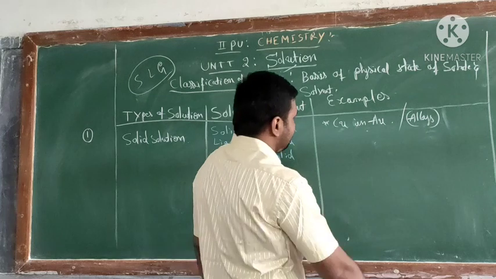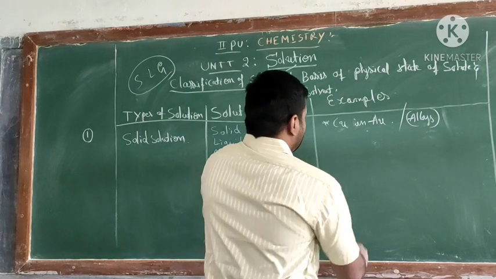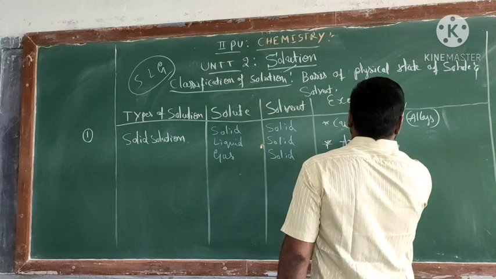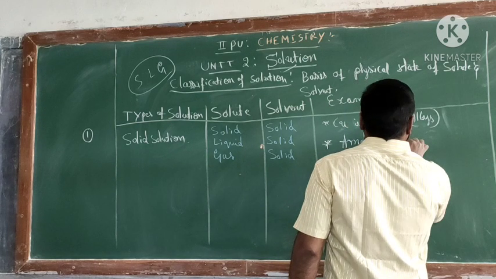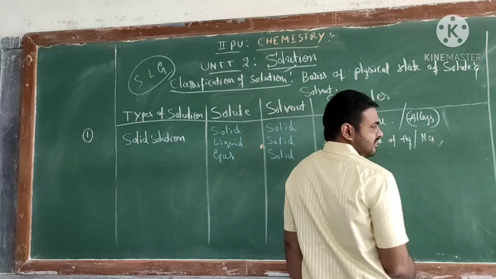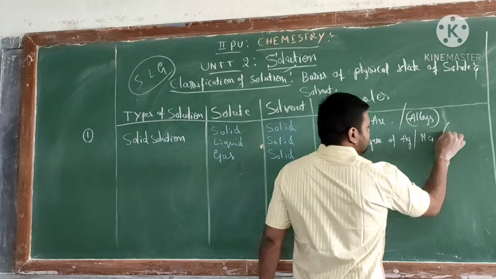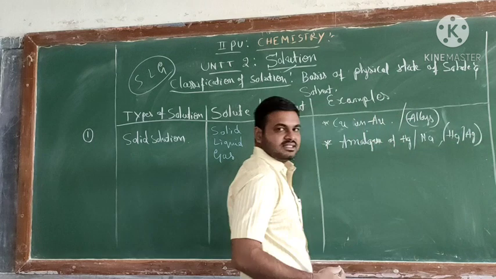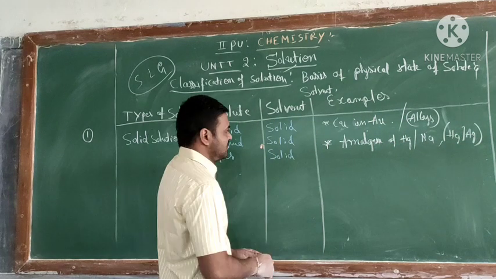This has an example: amalgam, of mercury with sodium, or mercury and silver. Clear, students? This is an amalgam.